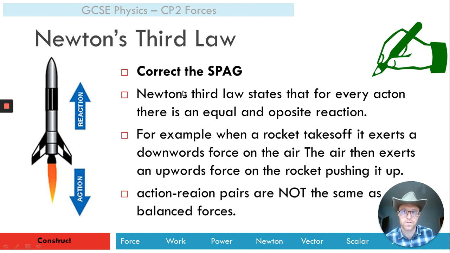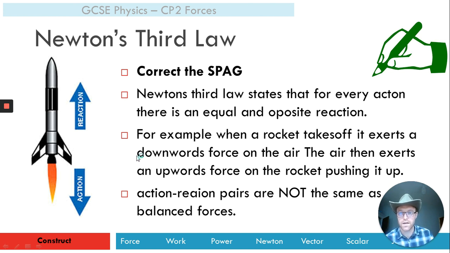Newton's should have an apostrophe because it's his law. Third law should be capitalized because it's a proper noun. Newton's Third Law states that for every action, there should be an I there, A-C-T-I-O-N. There is an equal and opposite, there should be two P's for opposite, O-P-P-O-S-I-T-E, reaction. For example, when a rocket takes off, this should be two words, so put a space in there.